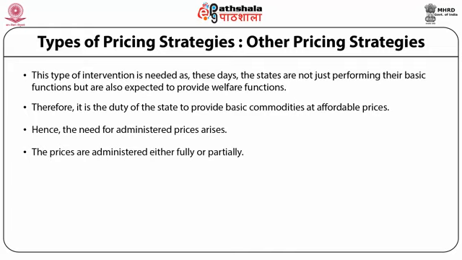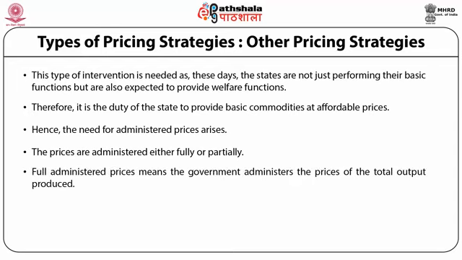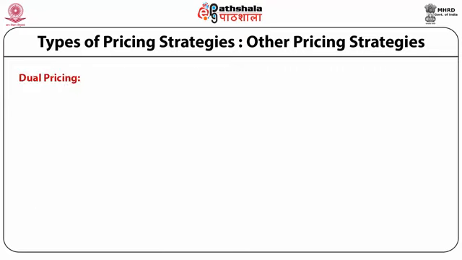The prices are administered either fully or partially. Full administered prices means the government administers the prices of the total output produced. The partial prices are discussed in the next category. Dual pricing.